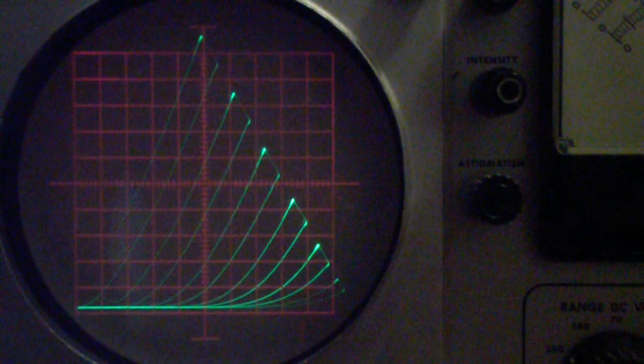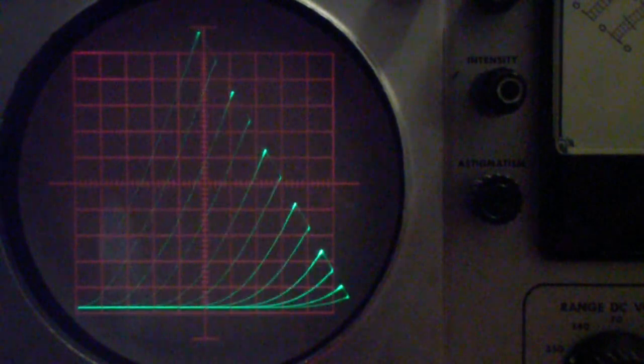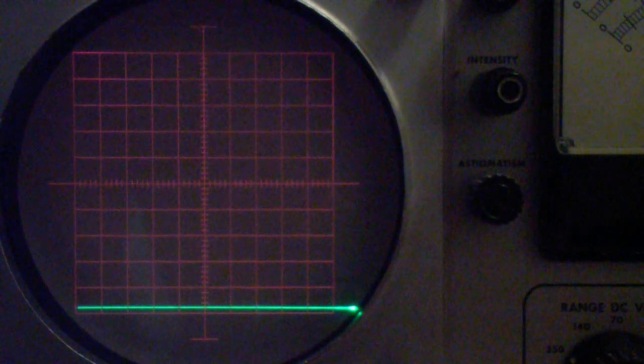Now, what I'm going to do is put the 6SN7 back in, and then compare it to a 7N7. So here is the 6SN7 back again. Notice the little difference.